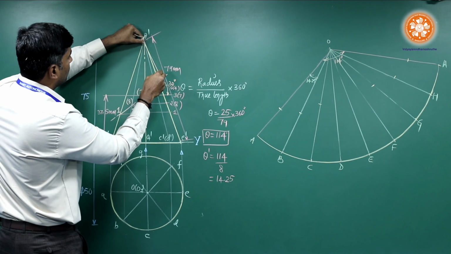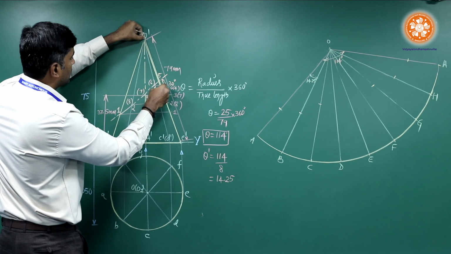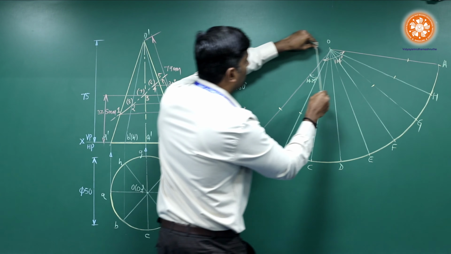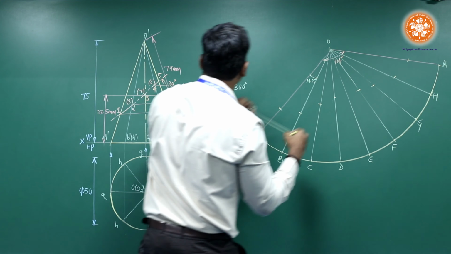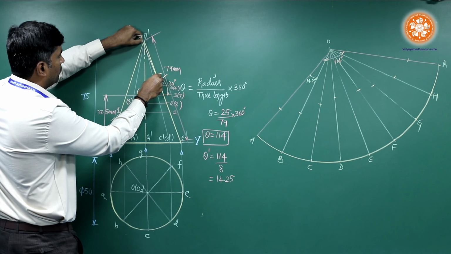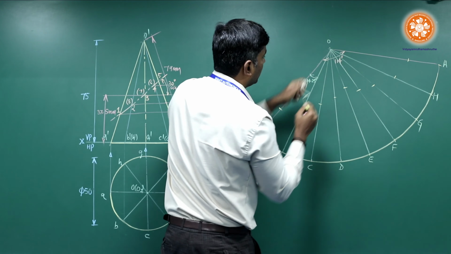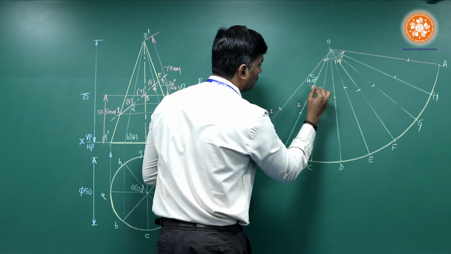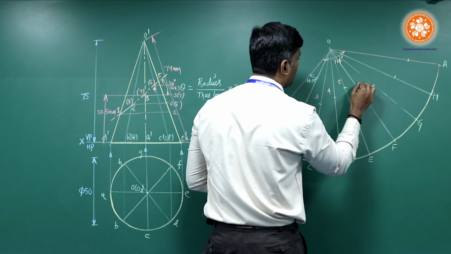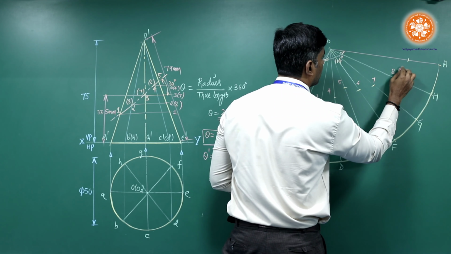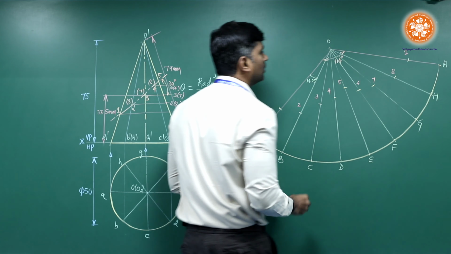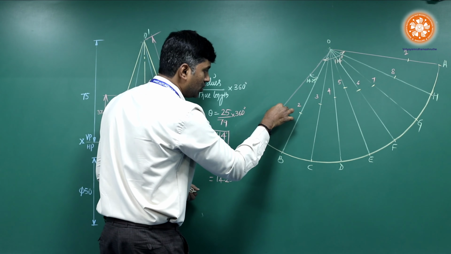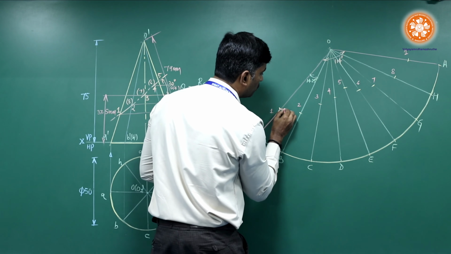Again, measuring O dash to 6 and 4, we have 4 and 6. The last point would be O dash to 5. Mark this, you will get those points. So if I name this 1, 2, 3, 4, 5, 6, 7, 8, and again the last would be the first point.